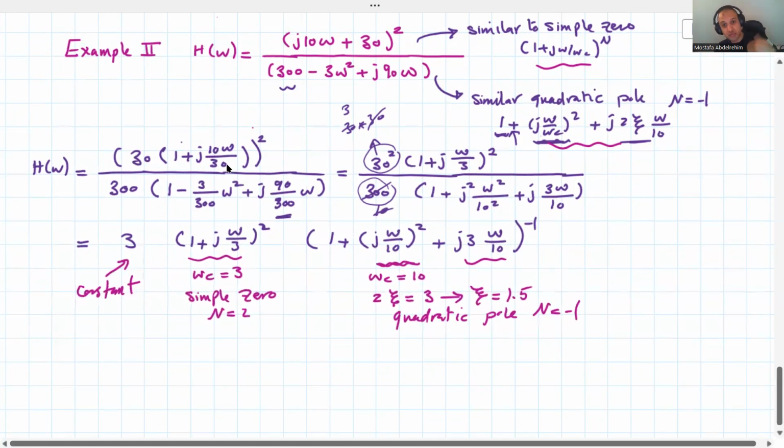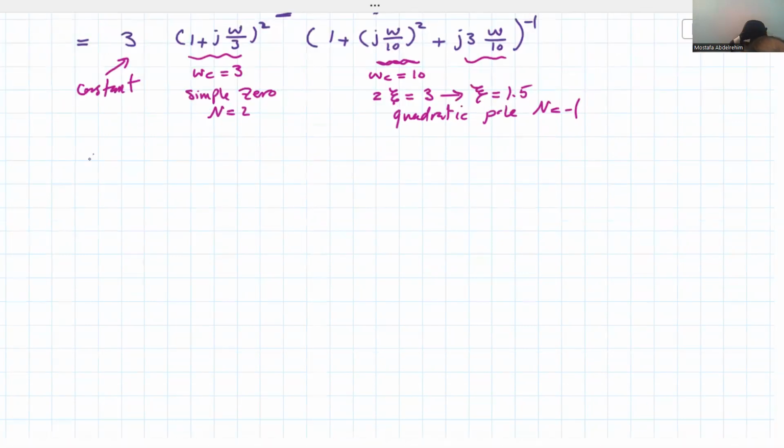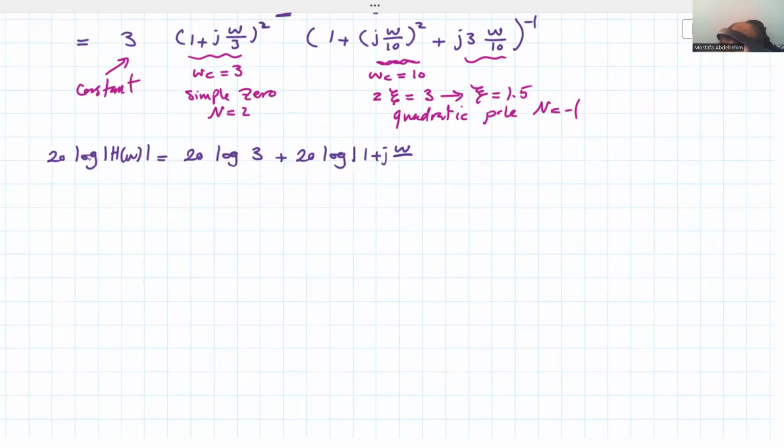So when we draw that, we have to draw the 20 log of the magnitude. Continue with the same color that we started with. The magnitude of H of omega is equal to 20 log 3 plus 20 log the magnitude of 1 plus j omega over 3 squared, minus, because this -1 here will be minus, 20 log the magnitude of 1 plus j omega over 10 squared plus j 3 omega over 10.